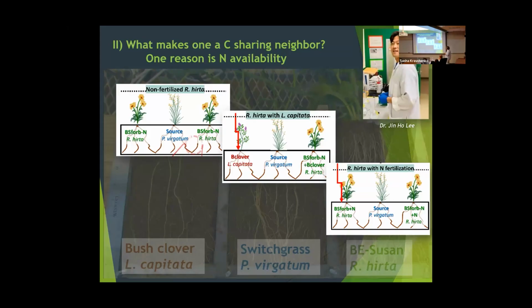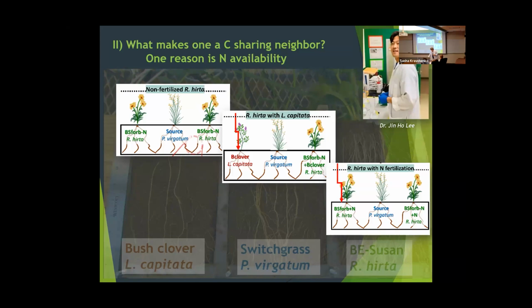And in one more treatment, again, black-eyed Susan was on both sides, but for one of those sides we did a root-split nitrogen addition, where we would basically fertilize or enrich this black-eyed Susan plant with nitrogen. And of course, clover would be naturally enriched in nitrogen.